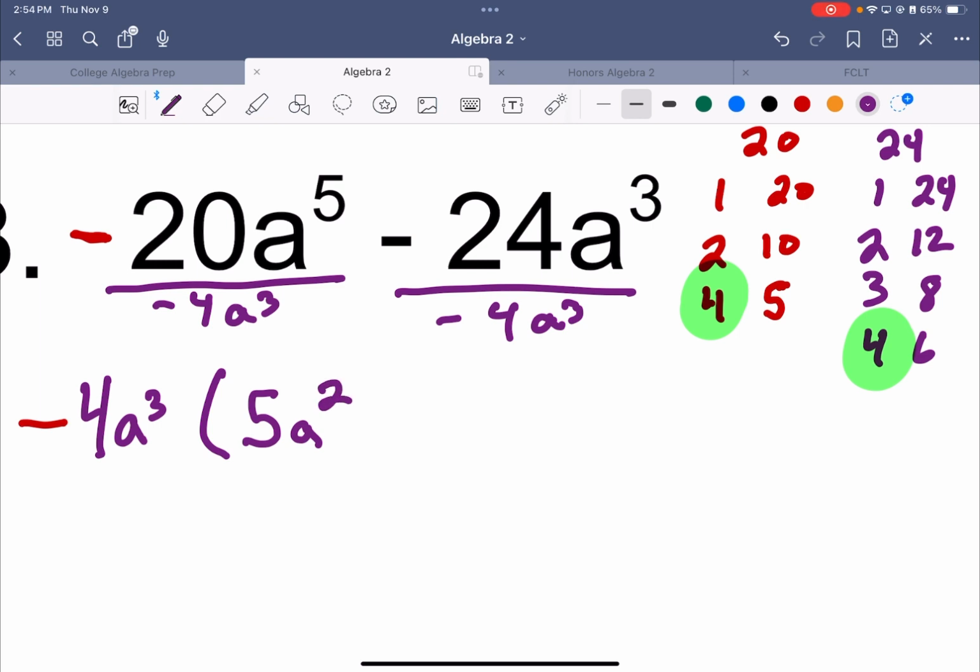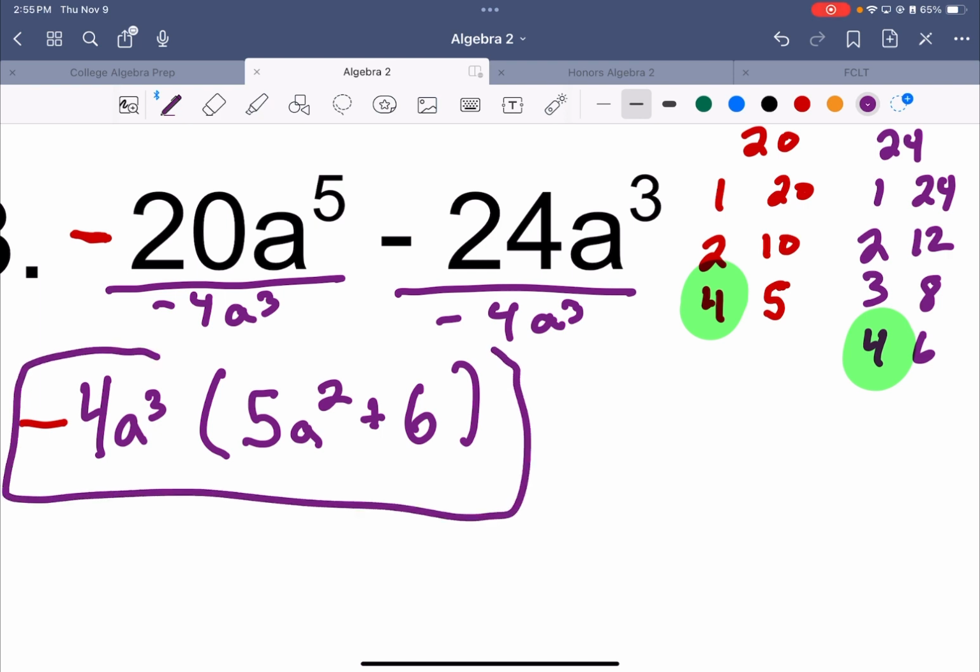Now we've got negative 24 divided by negative 4. That's positive 6. A to the 3rd divided by a to the 3rd is just 1. Just 1. There's no a's left. 3 and 3, they just go away. So there's your solution. And again, if you multiply it out, it works. This is your solution for my changed problem.